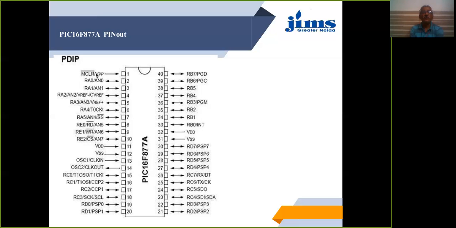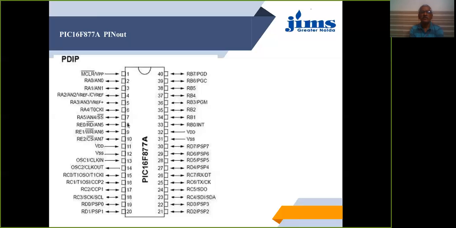Another power signal is VPP, which is connected on pin number 1. Basically it's the master clear. When it is connected to the ground, the controller is reset, and if it is connected to 1, it operates in the normal mode.